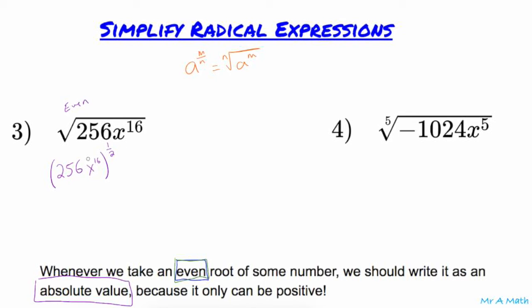And so now I can use my exponent rules. I can multiply this in. Remember, I have an exponent rule that says a times b to the nth power is just a to the n times b to the n. So I can apply this square root to both of these numbers, and this becomes 256 to the 1/2 power times x to the 16th to the 1/2 power.